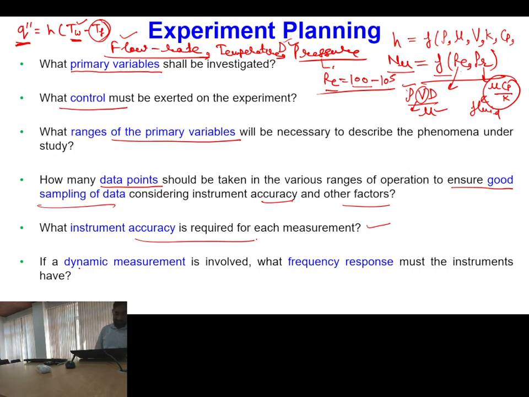Then the next point is whether dynamic measurement is needed or not. So what do you mean by dynamic measurement? There can be two types of situation. One can be a steady state experiment.